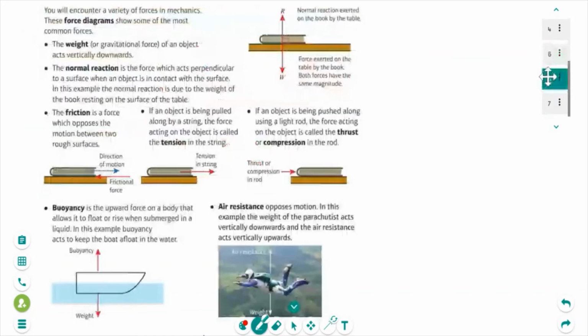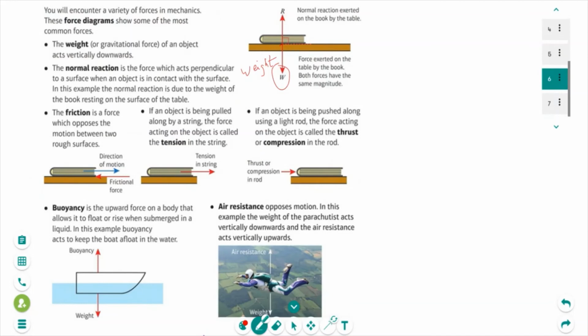Okay, bit of a language introduction again. I've talked about this already a little bit. So if this is a book, in this one over here, you've got a book on a table. You could model the book as a particle, but when the book is lying on the table, it's going to have some kind of weight. So that force is the weight. Because the book does not crash through the table, that means the table must exert a force onto the book as well.